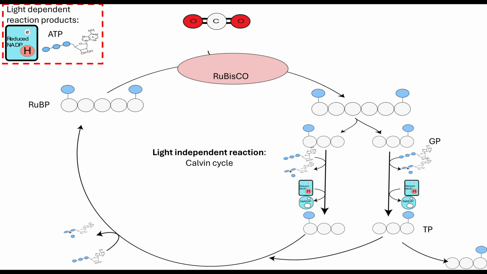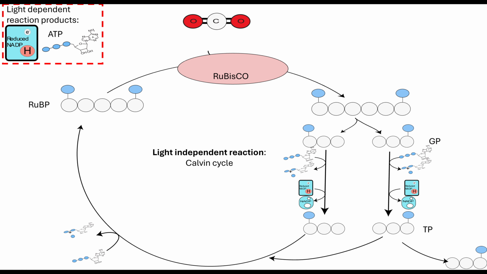our RuBP. So as it goes around the Calvin cycle as a whole, you actually start with 3 RuBPs, 3 carbon dioxide, you then produce 6 GPs, you therefore need 6 ATP molecules, you need 6 reduced NADP molecules, and you get 6 TP molecules.